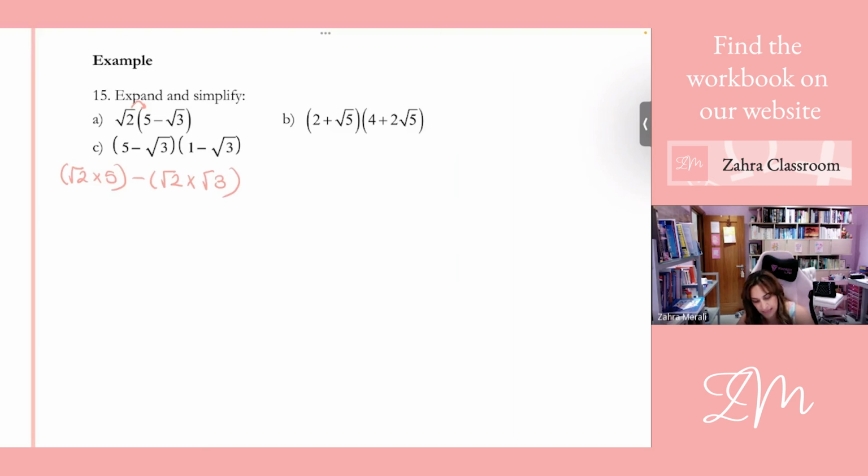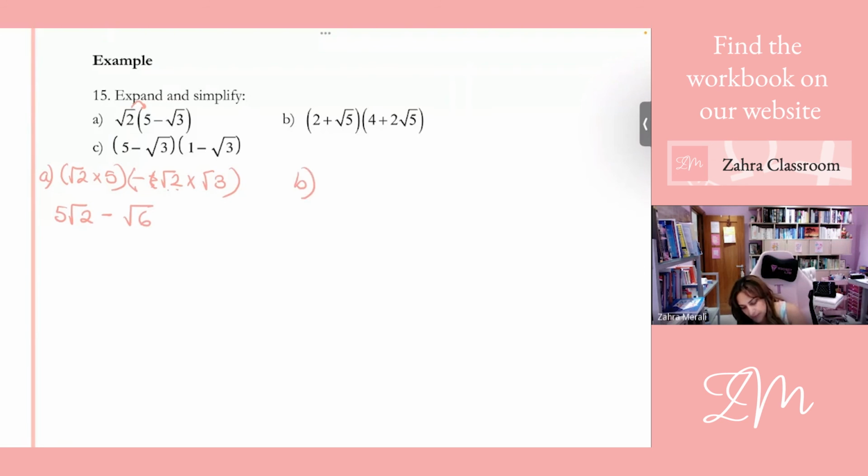So that's going to be A, right? So that minus goes with that root 2. I think that makes sense. Okay, so we've got 5 root 2 minus root 2 times root 3, which is just going to be root 6. And we can't simplify that because they're two separate bits.